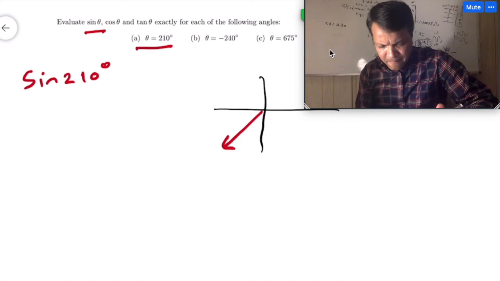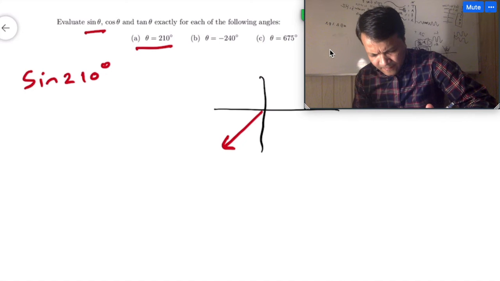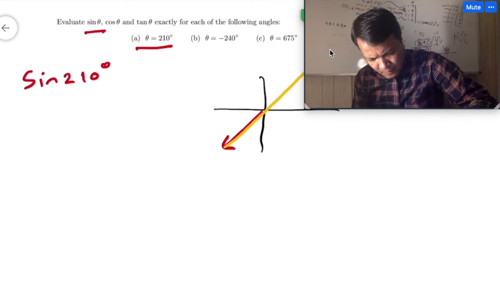What does that mean? That means 210 minus 180 would be 30 degree. So this one is 30 degree and this one is 210 degree.